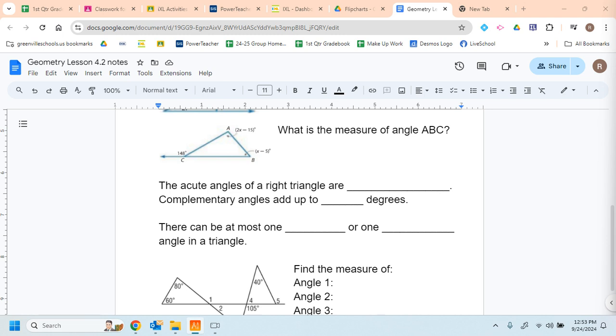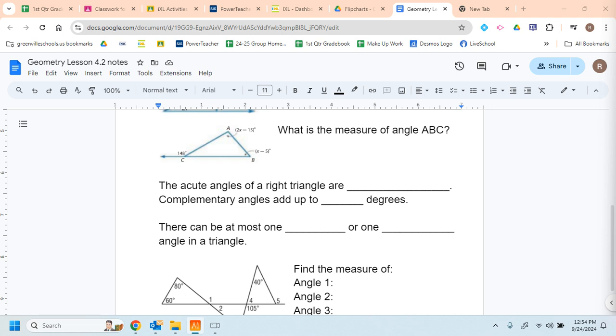So we know that angle 3 is 40 plus 75 is 115, and then take that away from 180, which is 65. So we know that angle 3 is 65.